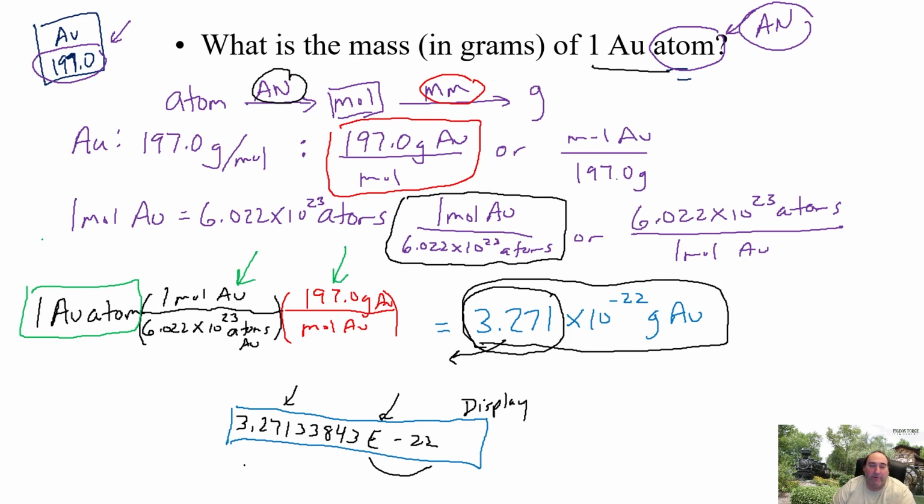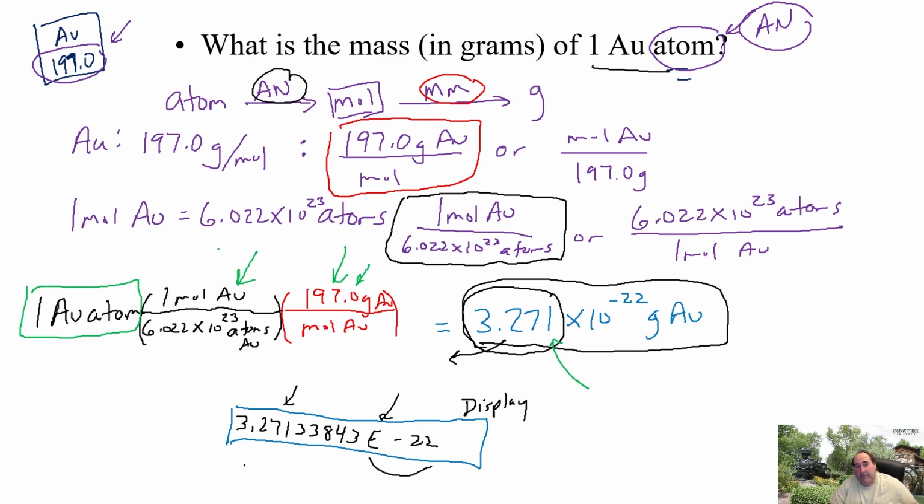Same idea here. You pretty much can't pick out one gold atom by itself, but if you did, it would be an exact number, something that you would count, which means it has an unlimited number of significant figures. So I just went with 4 significant figures based on the molar mass here. You really could have used any amount of significant figures in this case, because pretty much everything is an exact number, which has unlimited significant figures.